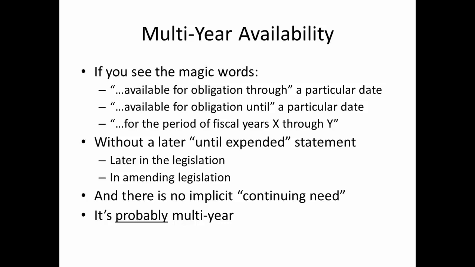Okay, finally, let's take a look at annual period of availability. Recall from Module 1 that a period of availability of 1 year is the default availability for annual appropriations acts. But interestingly enough, not only is it not the default availability in permanent appropriations, it also doesn't appear nearly as often as no-year and multi-year language.